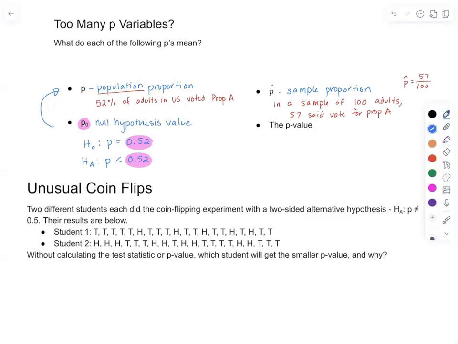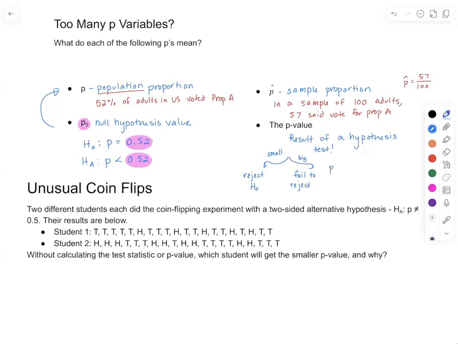And the last p we have is the p-value that's the result of a hypothesis test. Okay, so this is the p-value that we get where we say, okay, is it small, in which case we reject our null hypothesis, or is it big, in which case we fail to reject our null hypothesis.